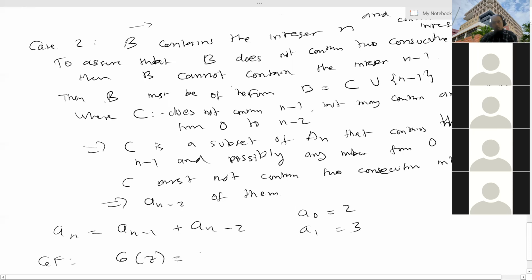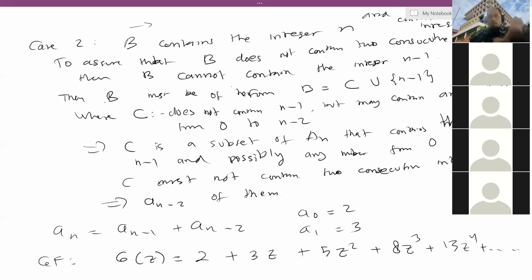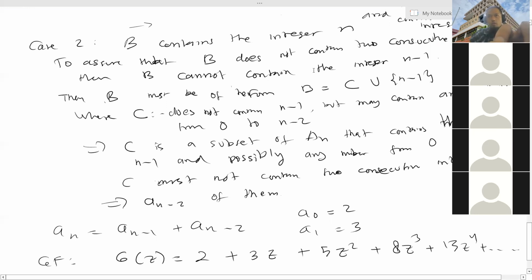So you start from a_0, 2 plus 3z, and then for the next one is 5z squared, and then 8z cubed plus 13z to the fourth plus, and so on. So that's the generating function. Any question?